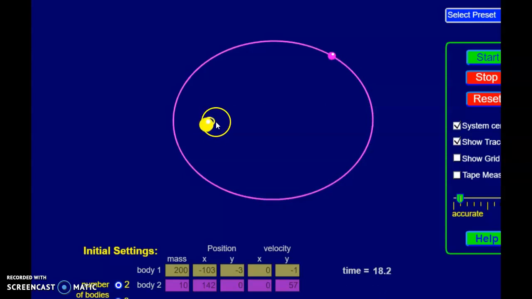Notice that the sun is also kind of moving on an ellipse. That's a reaction to the gravitation of the pink planet. The pink planet is attracted to the sun, but the sun is also attracted to the pink planet. As far as the acceleration is concerned, not so much, simply because the sun has much more mass than the planet. And again, this one is a fictional one. In reality, the planets orbiting around our sun have orbits that are virtually circular and barely elliptical.